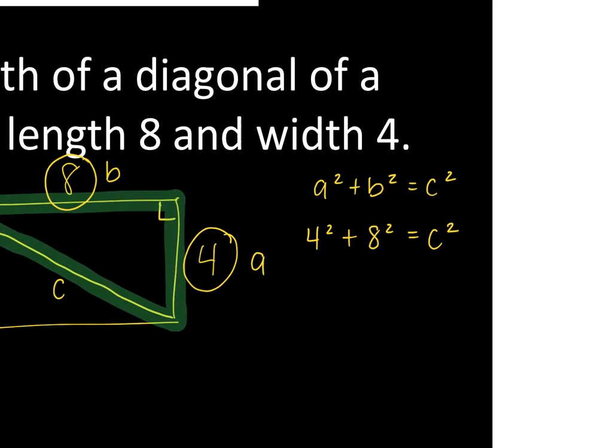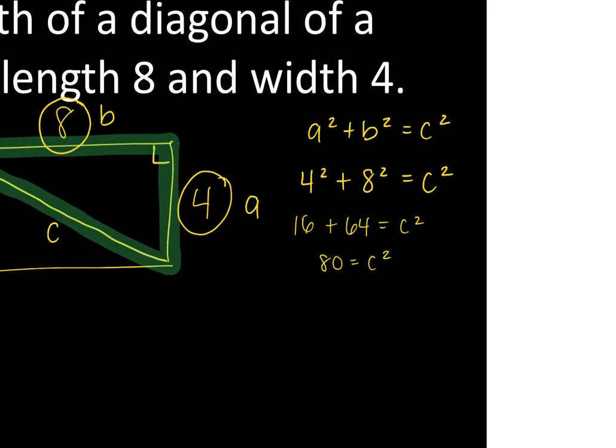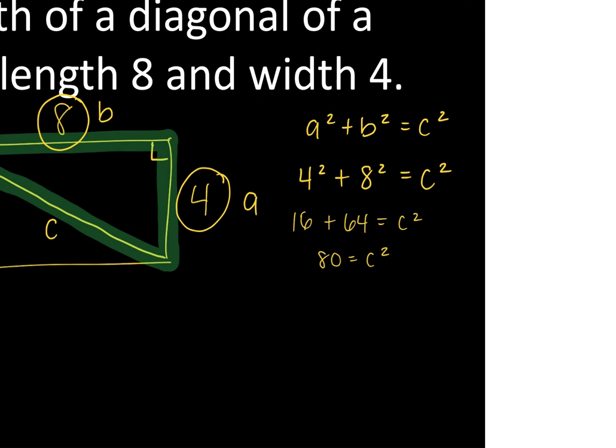Noah, what's 4 squared? Kale, what's 8 squared? And this equals C squared. 16 plus 64 is 80, equals C squared. Samantha, how do I find C? Divide by C. Oh no, square root. Take the square root of both sides. This is going to cancel with this, and we're going to get C equals the square root of 80, which is, let's see.